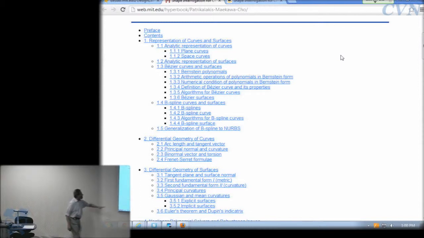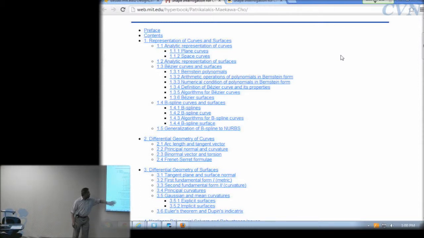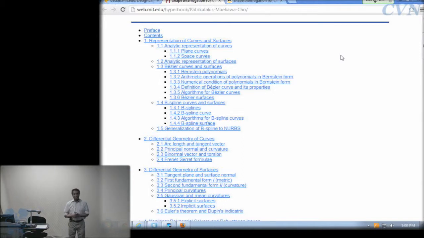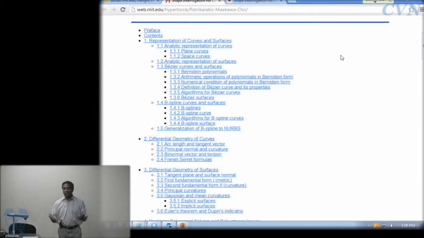The mathematics which underlie these subjects, the differential geometry, really dates back to the end of 19th century. It goes from around 1850 to 1900. When the mathematicians developed this mathematics, they did so because it was beautiful and elegant and intellectually beautiful.